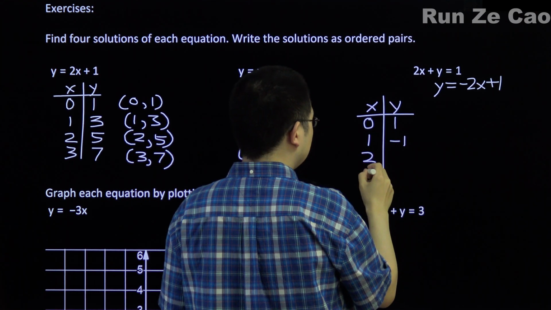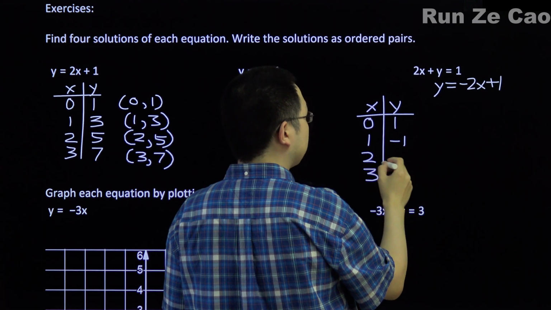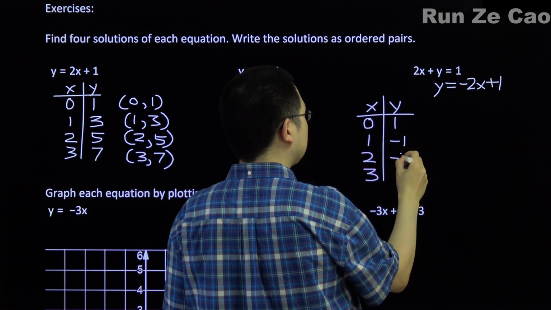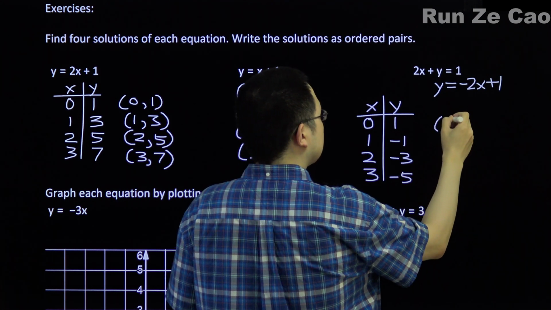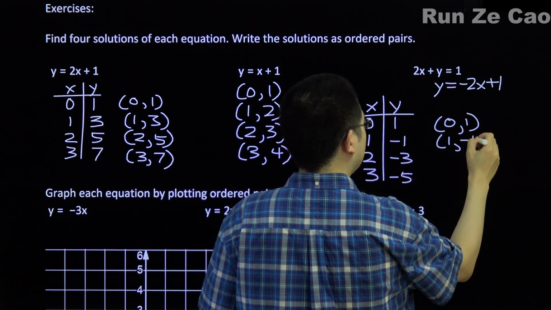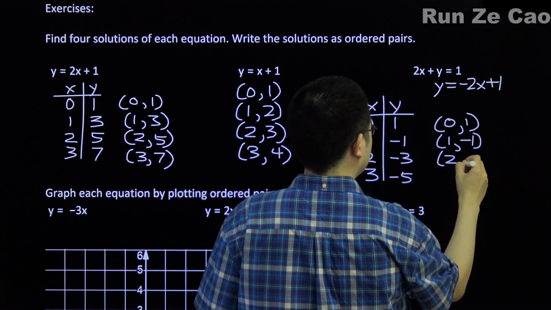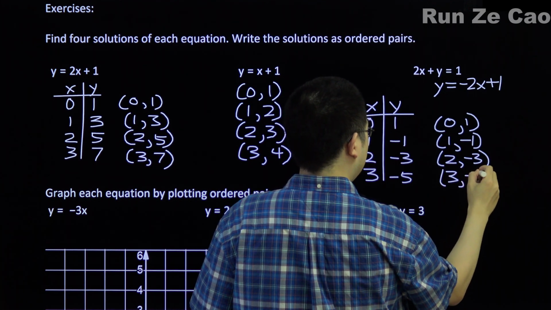X equals 2, y equals -4 plus 1, -3. And -6 plus 1 is -5. So that's (0, 1), (1, -1), (2, -3), and (3, -5).